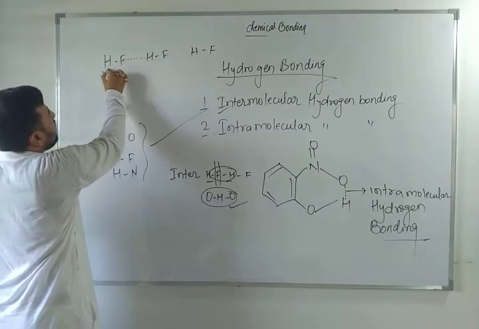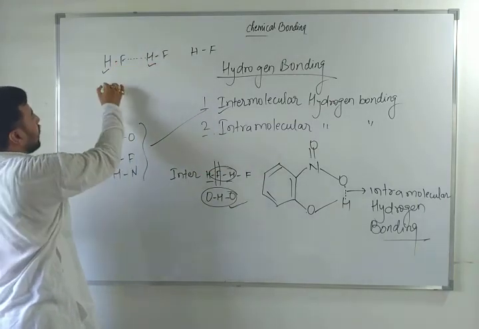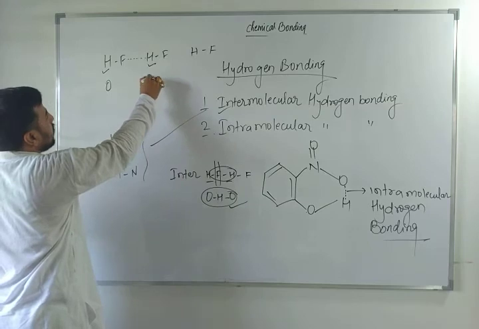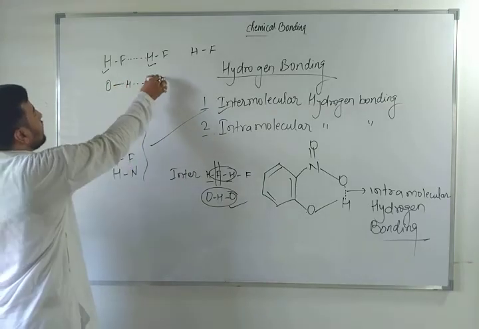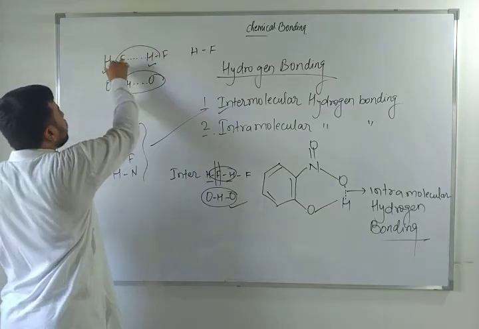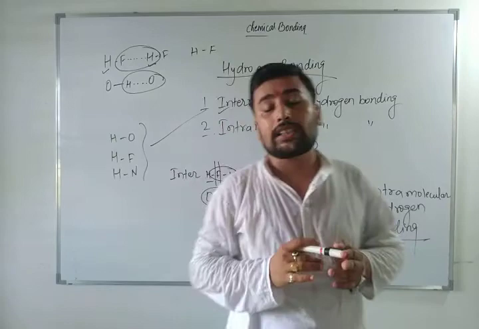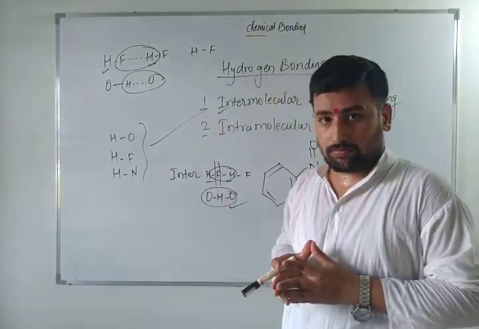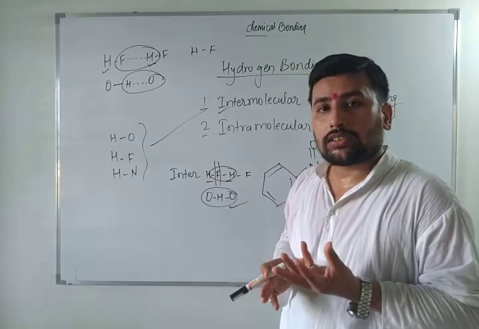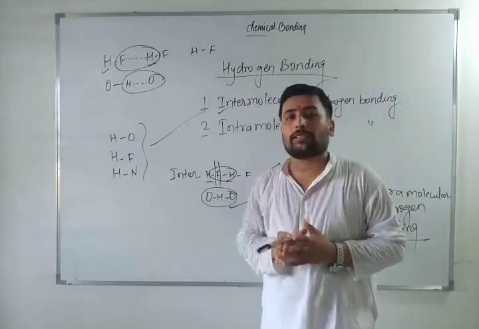Here H and H, fluorine is in between, and in orthonitrophenol you can see oxygen is there and hydrogen is in between, right? So this is intramolecular hydrogen bonding, and this is intermolecular hydrogen bonding. Hydrogen bonding occurs due to highly electronegative atoms and short atomic size. So this was our full chemical bonding chapter.